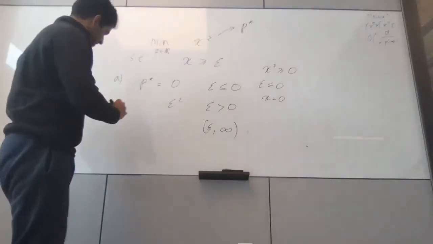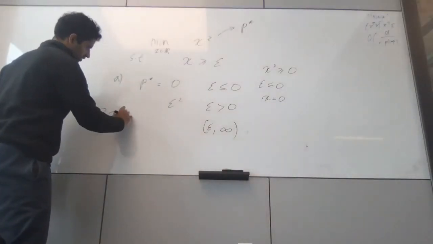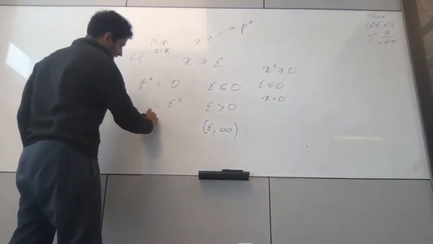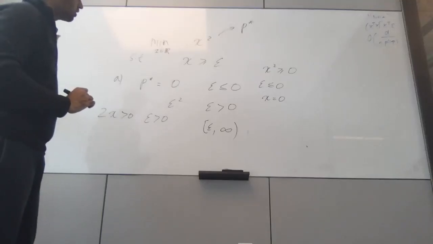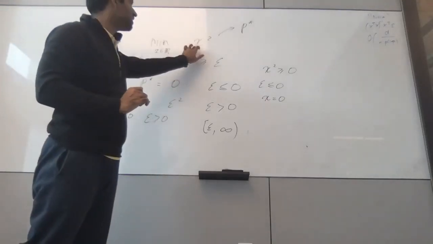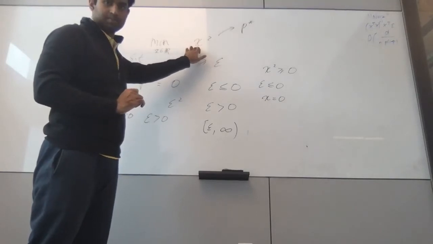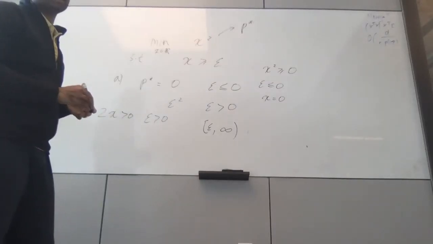Yes, because the derivative of x squared is 2 times x, which is always greater than 0 when epsilon is greater than 0. So the lowest value this function can take is at epsilon. It's just a matter of whether or not the constraint is active, right? Yeah, it's a matter of whether the constraint is active.